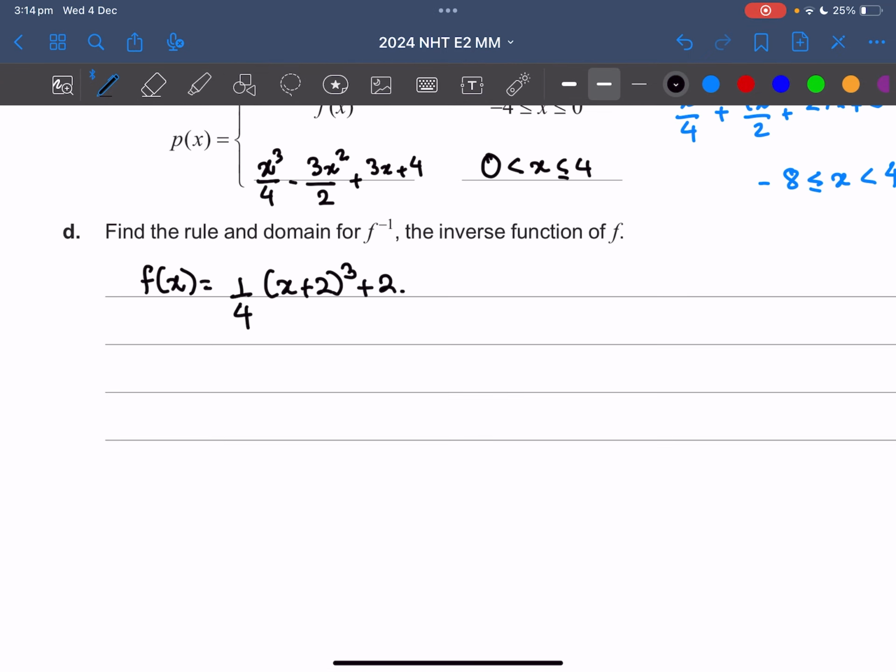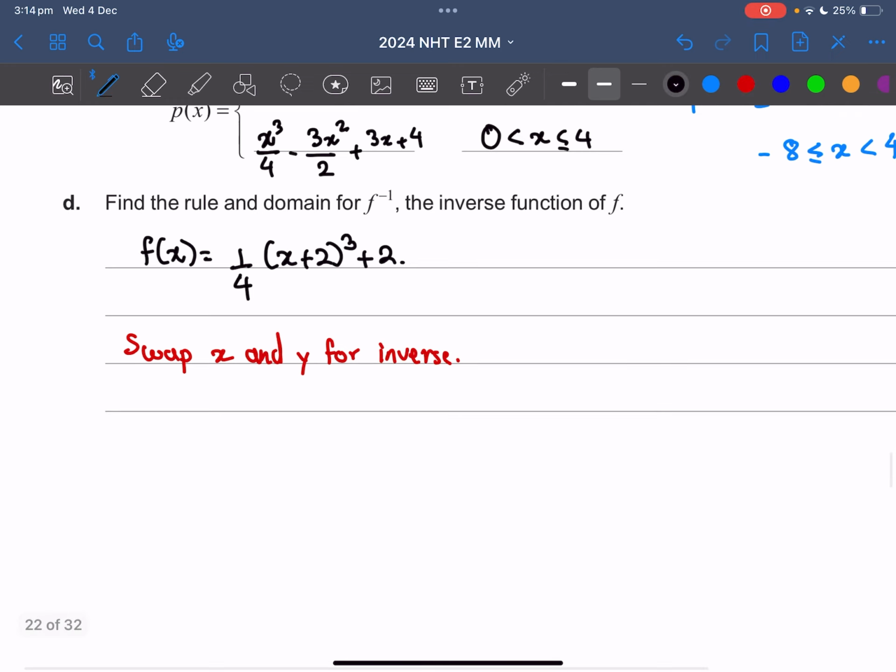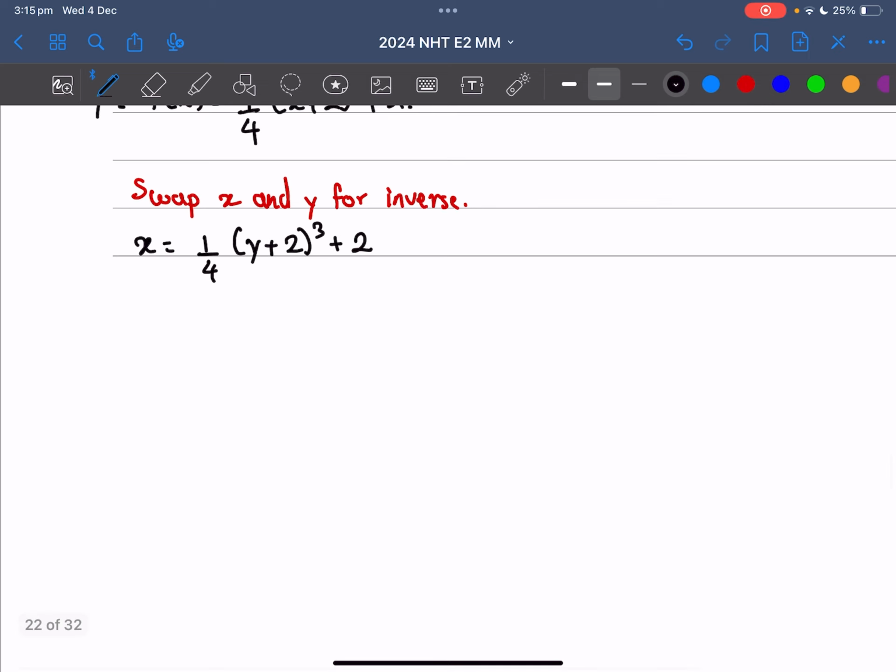Okay? And now we can say swap x and y for inverse. So then we'll have x equals to 1 on 4, y plus 2 cubed plus 2. So we'll have x minus 2 and then times by 4 is equals to y plus 2 whole cubed.